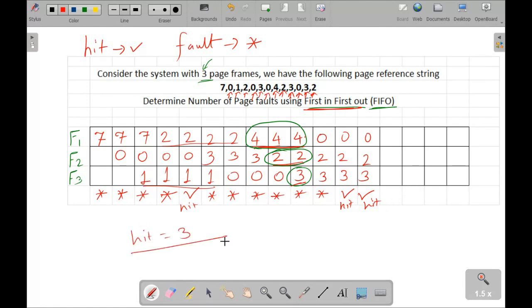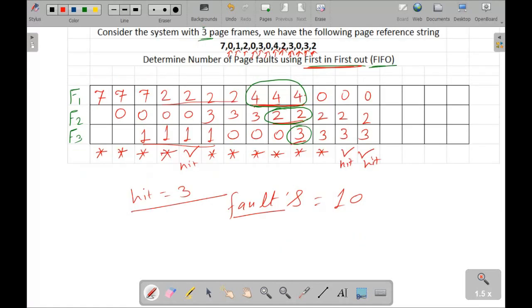And page faults were 10. So if someone asks you to find the ratio of page faults, you can simply write like this: out of 13 transactions, you got 10 page faults.